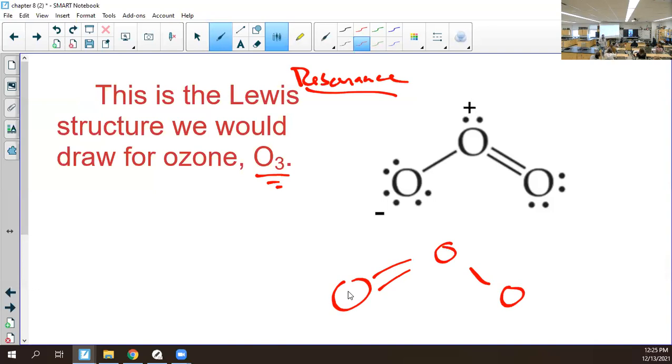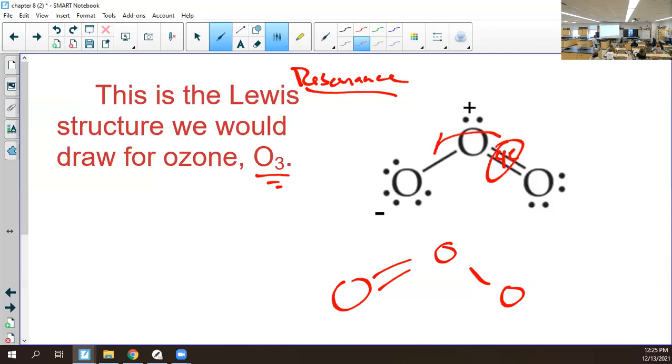So this is what we call a resonant structure. Both of those are accurate. And if you actually look at ozone and study where its electrons live, they don't live on one side. They sort of live on both, because electrons are moving, right? So a double bond just means that there's going to be 4 electrons in this area.